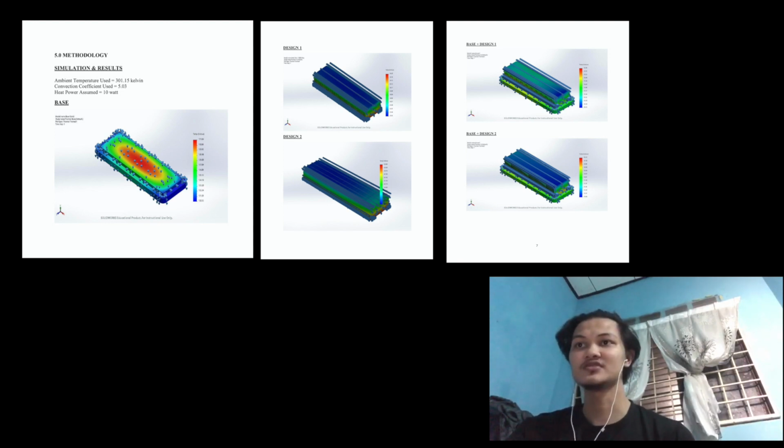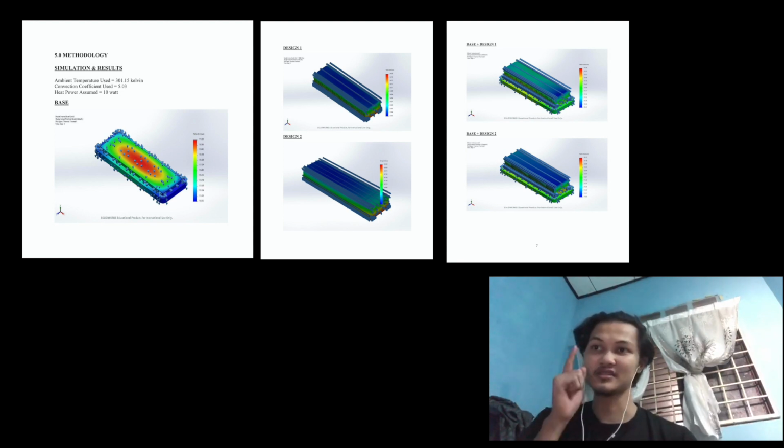For design 2, same as design 1. Thermal result: for design 1 we get a minimum of 33.23 Celsius and a maximum of 33.58 degrees Celsius, and for design 2 we get 31.89 degrees Celsius and 32.12 degrees Celsius.